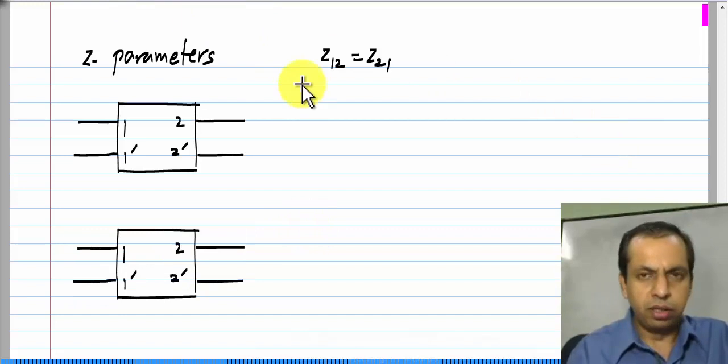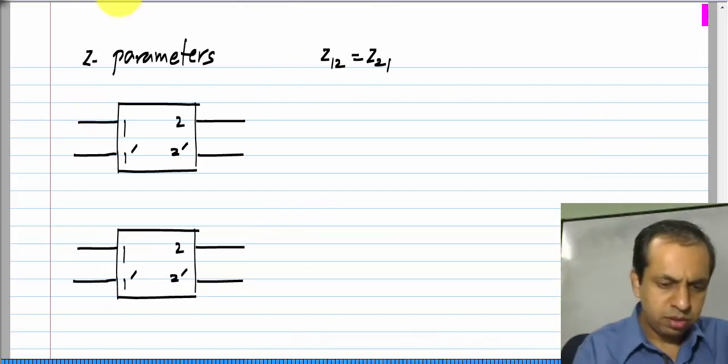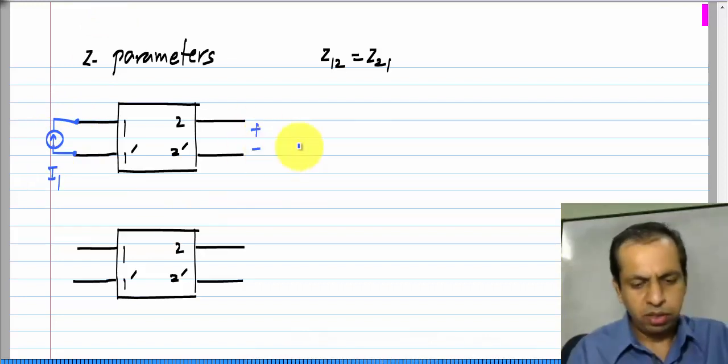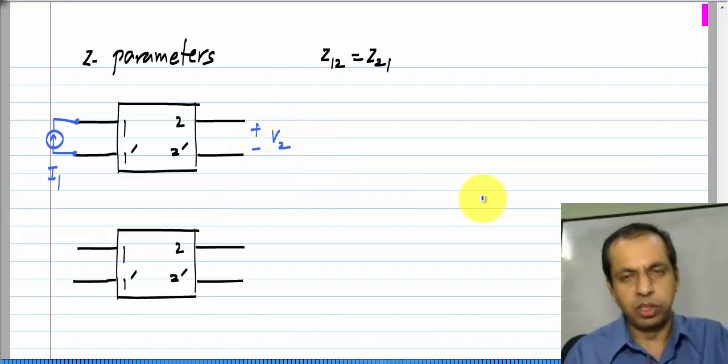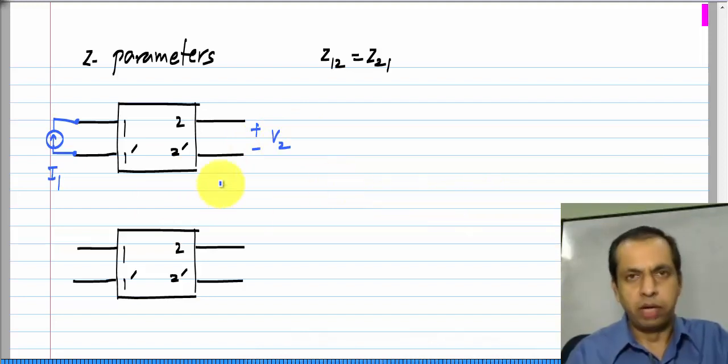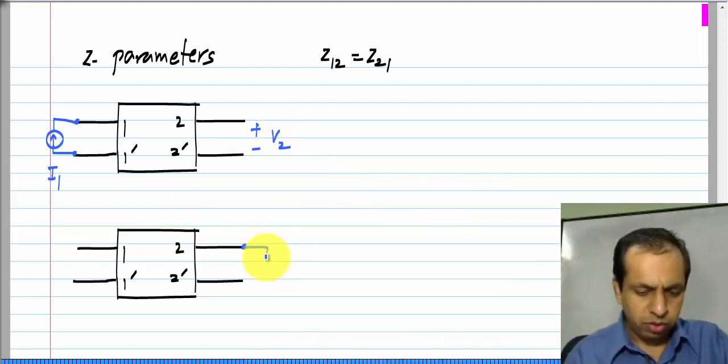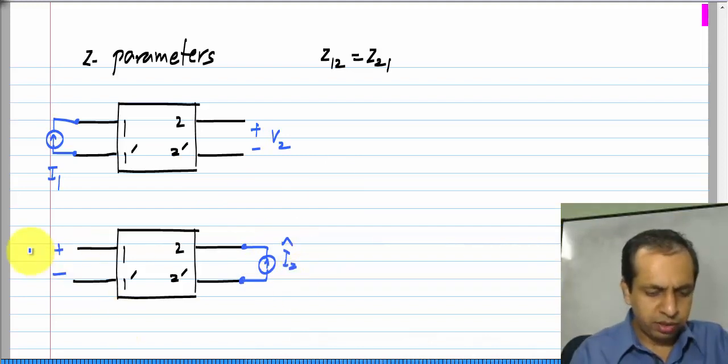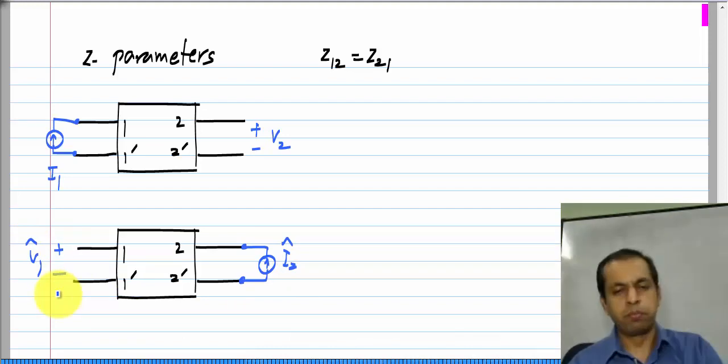So, when you are measuring Z21, you will apply a current to port 1 and measure the open circuit voltage at port 2, and when you are measuring Z12, you will apply a current to port 2 and measure the open circuit voltage at port 1.